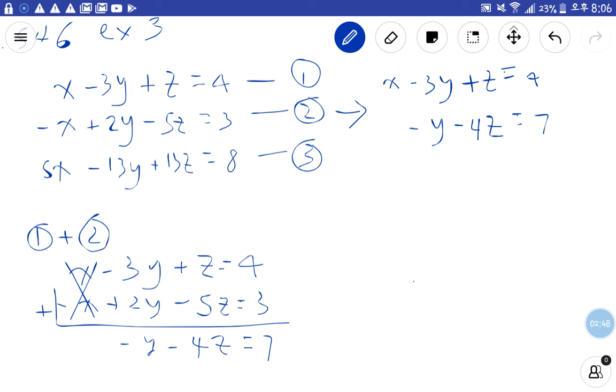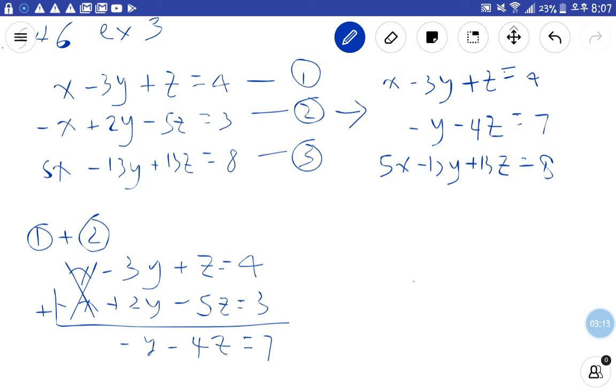I have to keep my last one, 5x minus 13y plus 13z equals 8. To make a triangular form, I'm going to get rid of my 5x and negative 13y in here. But it seems hard to get rid of the same variable for both.